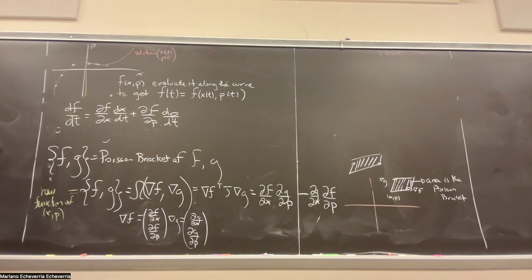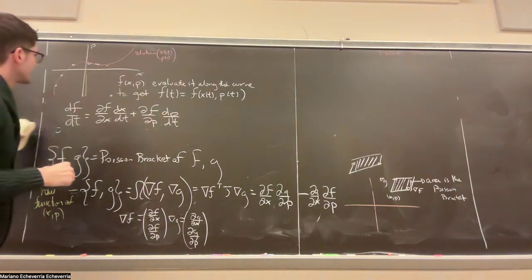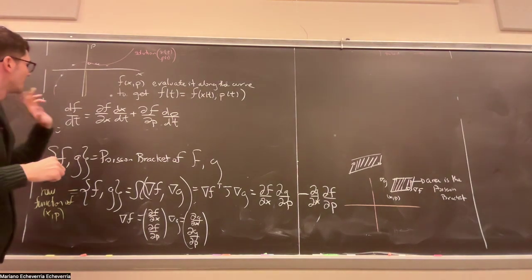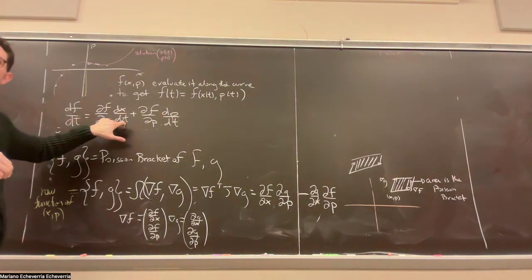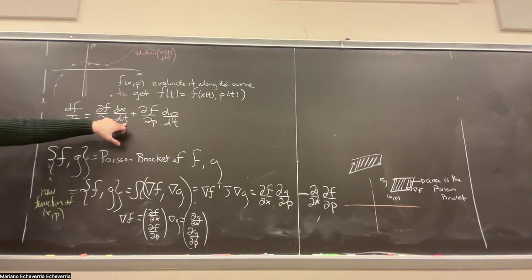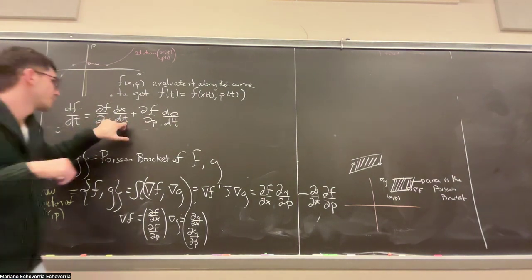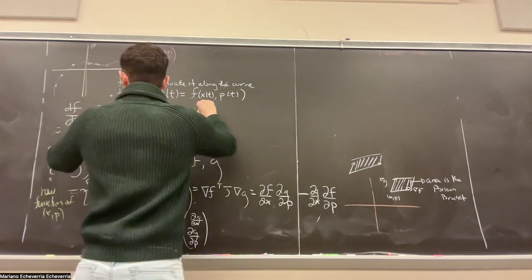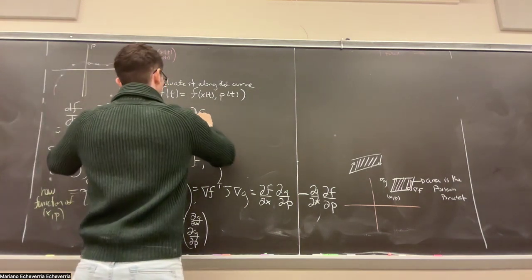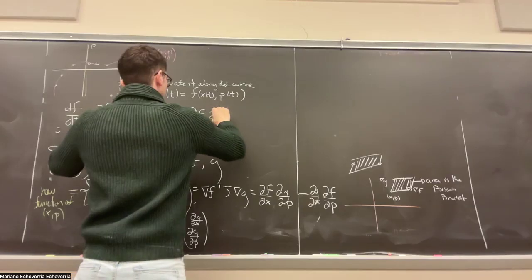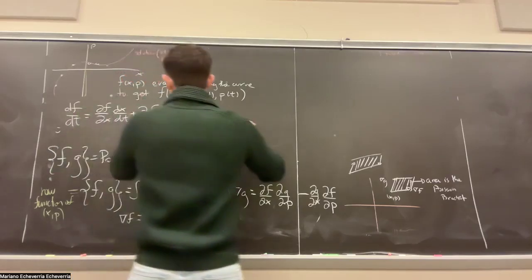Okay, now if you have solutions to Hamilton's equations, what is dx/dt? That's the partial derivative of H with respect to p. And what's dp/dt?